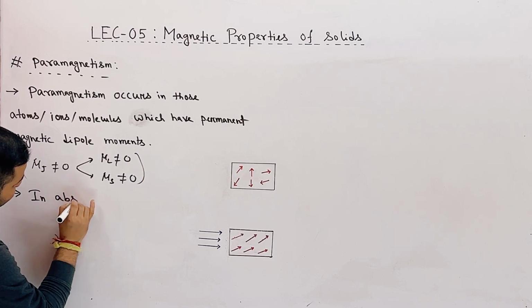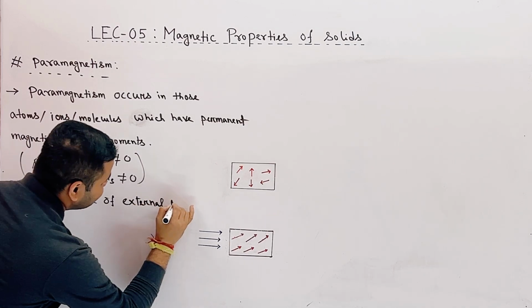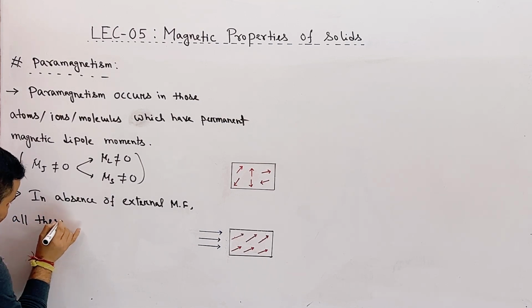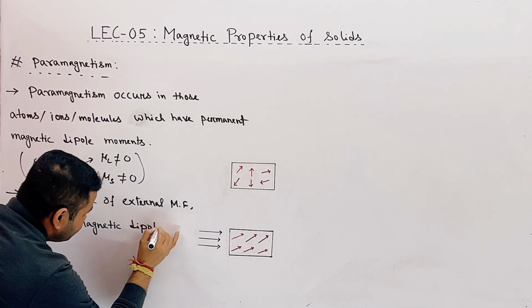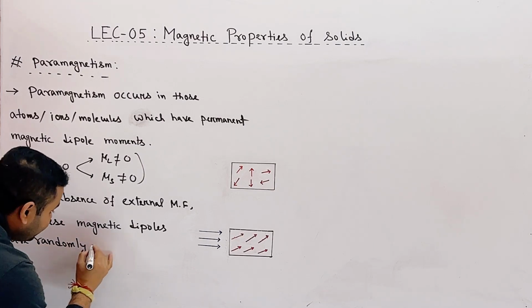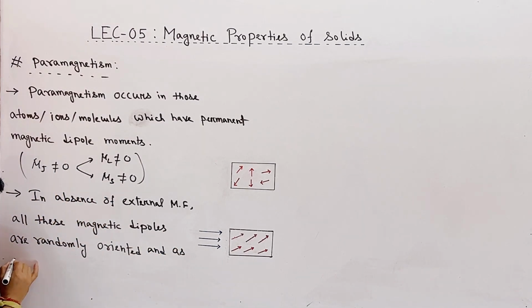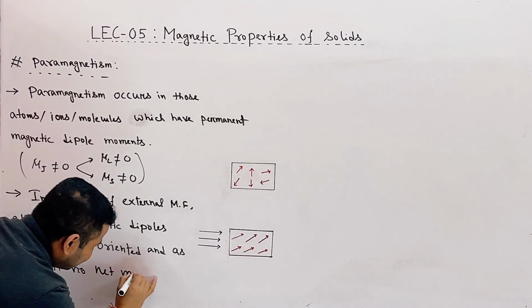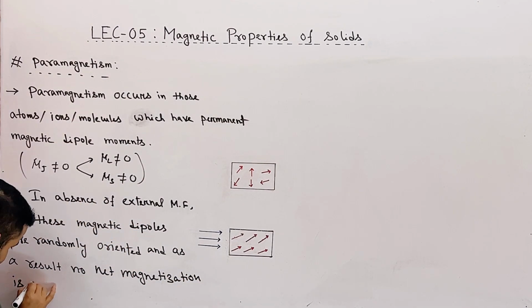In absence of external magnetic field, all these magnetic dipoles are randomly oriented and as a result no net magnetization is produced.